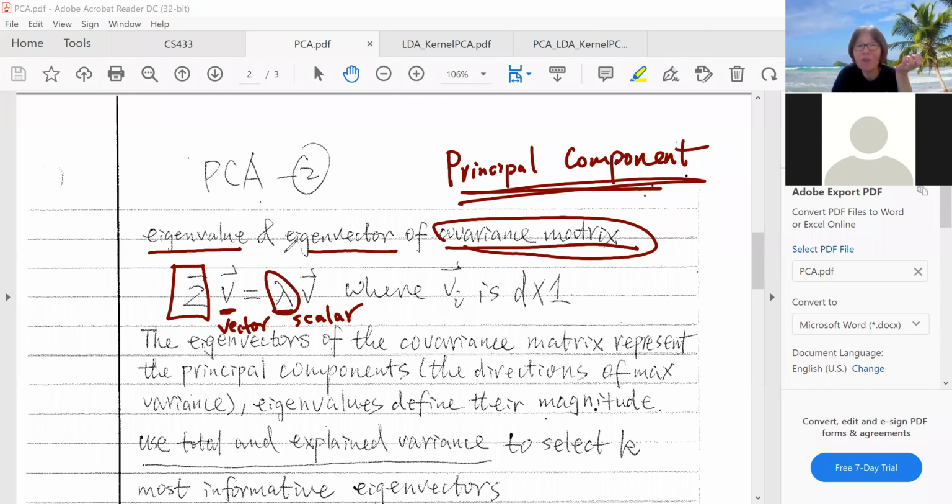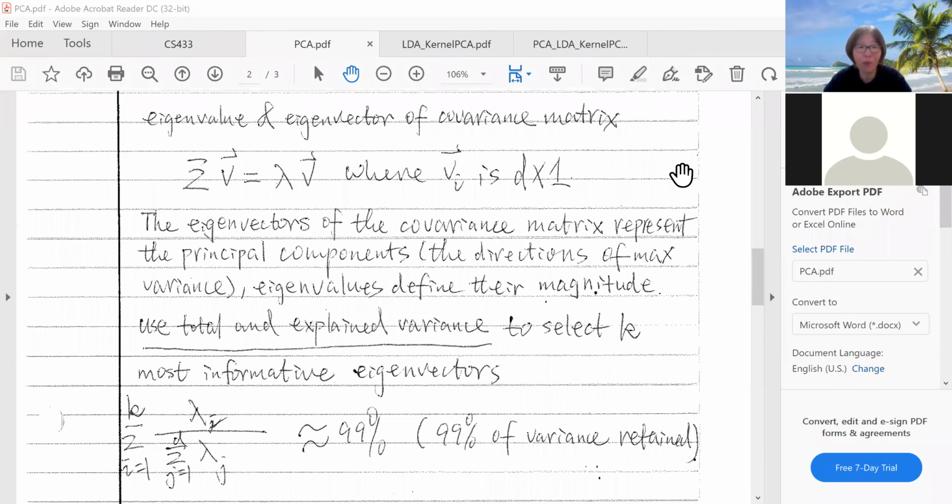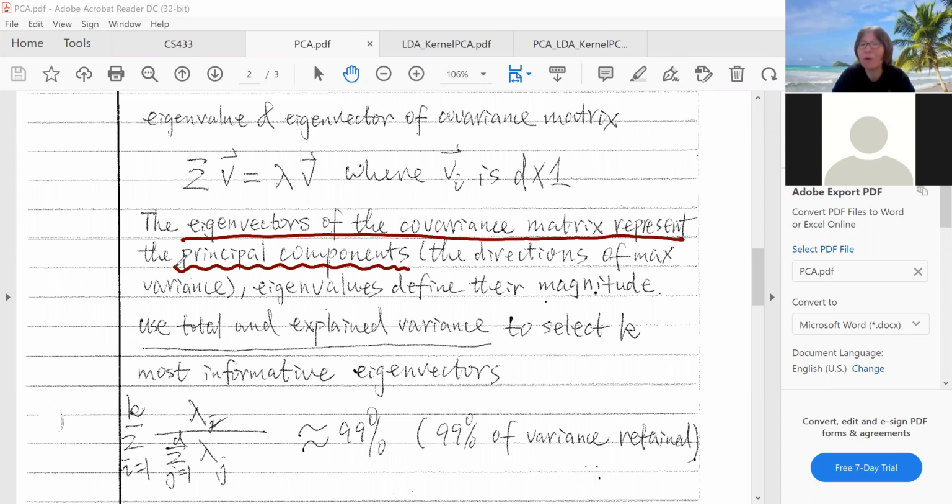That vector we call an eigenvector. Eigenvectors have a lot of applications, a very useful concept. The eigenvectors of the covariance matrix represent our principal components, the directions of maximum variance, and the eigenvalue defines their magnitude.